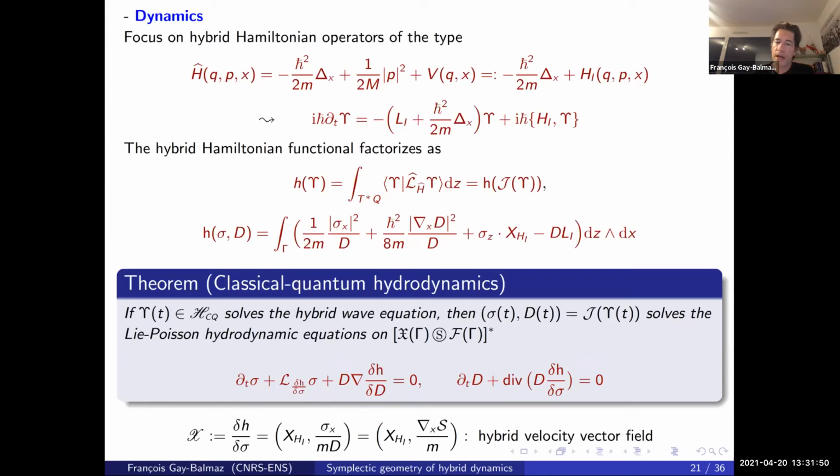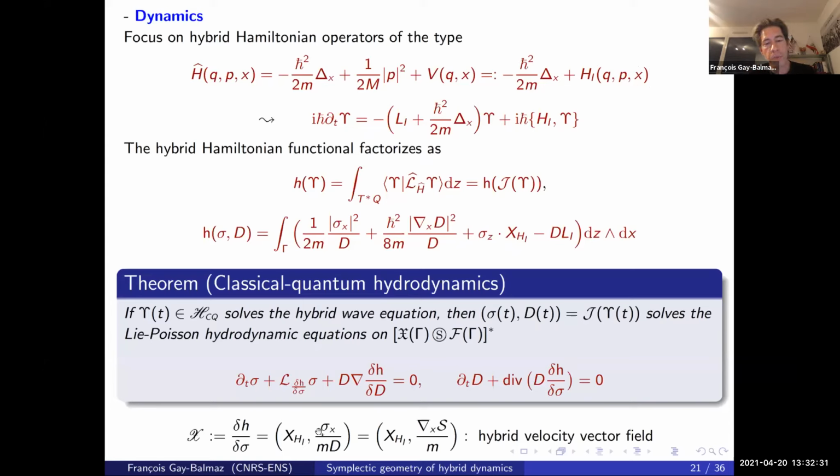A major insight here is that the derivative of the Hamiltonian, the velocity of the theory, the hybrid velocity vector field, has two components. The first one is the classical Hamiltonian vector field associated to the part of the hybrid Hamiltonian that does not contain the quantum kinetic energy, this H_I here.